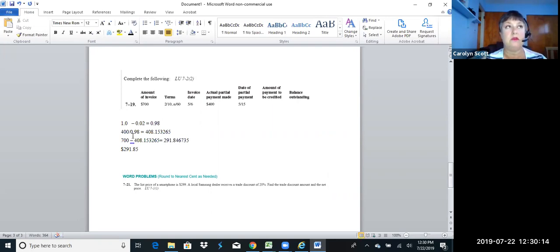Just to reiterate what we did here, we found the complement. We found that we're actually going to be credited $408 and about 16 cents for the partial payment of $400 that we made. Then we subtract the balance minus what we're going to be credited to get our balance outstanding. I hope that makes sense.